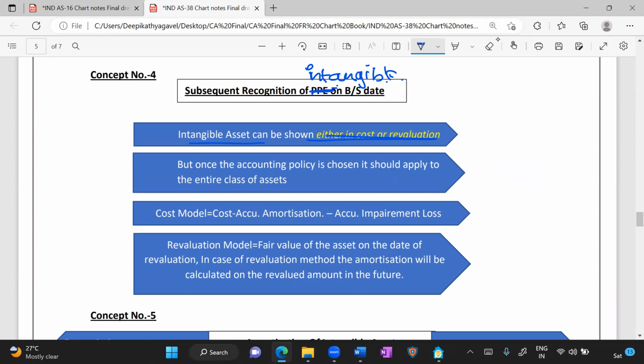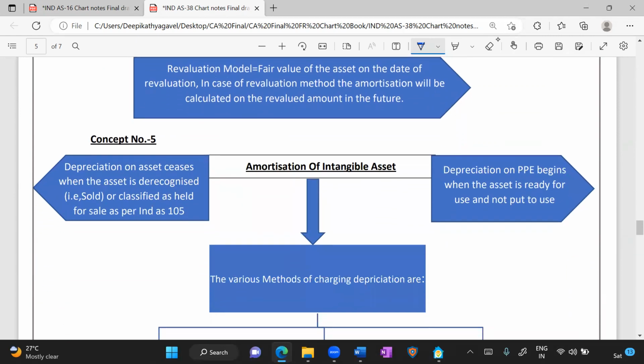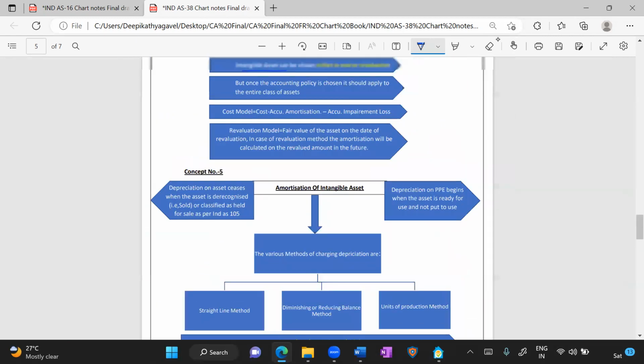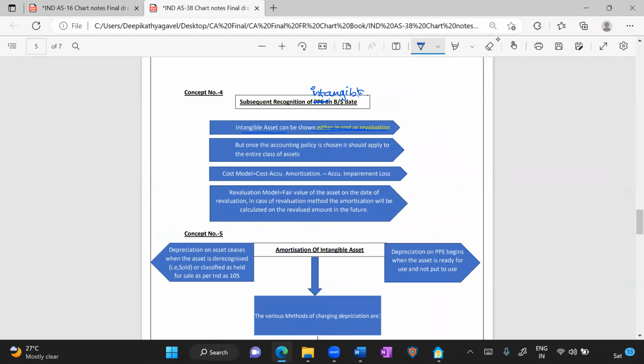The cost model is nothing but cost less the accumulated amortization less the accumulated impairment loss. And what is the revaluation model? You determine the fair value of the asset on the date of revaluation, and in case the revaluation method is being followed, the amortization that will be applied on that particular intangible asset will be calculated on that revalued amount in the future. Right? Again, same as IND AS 16. As I told you, once IND AS 16 is done, 40 and 38 are mostly taken care of. The concepts keep repeating.